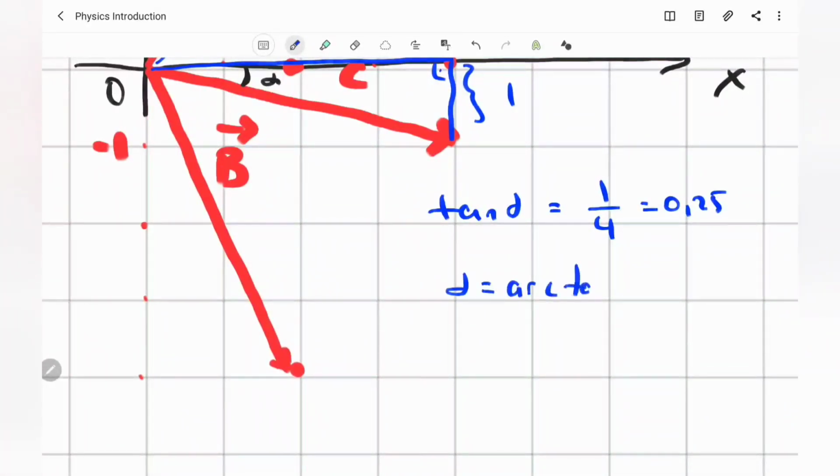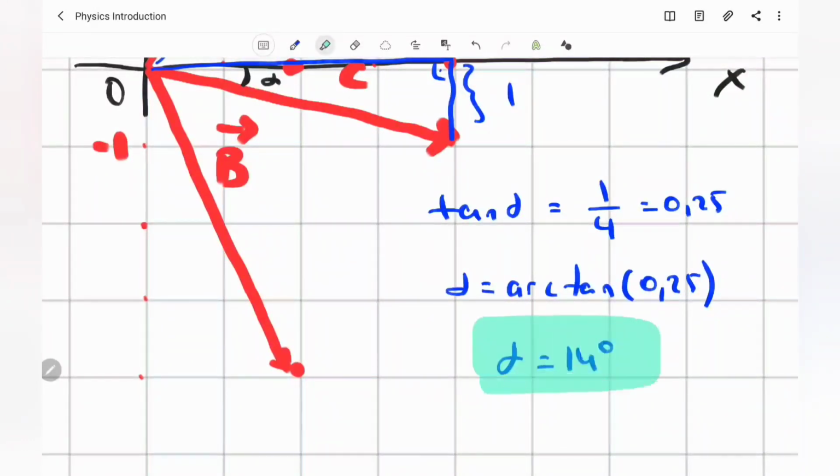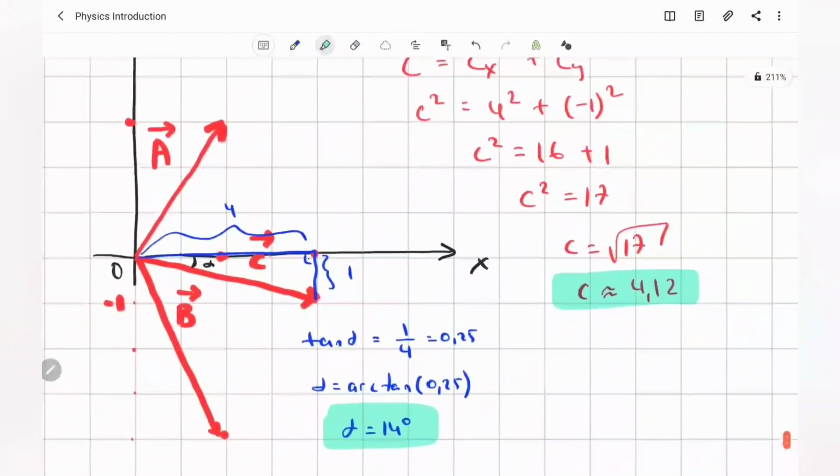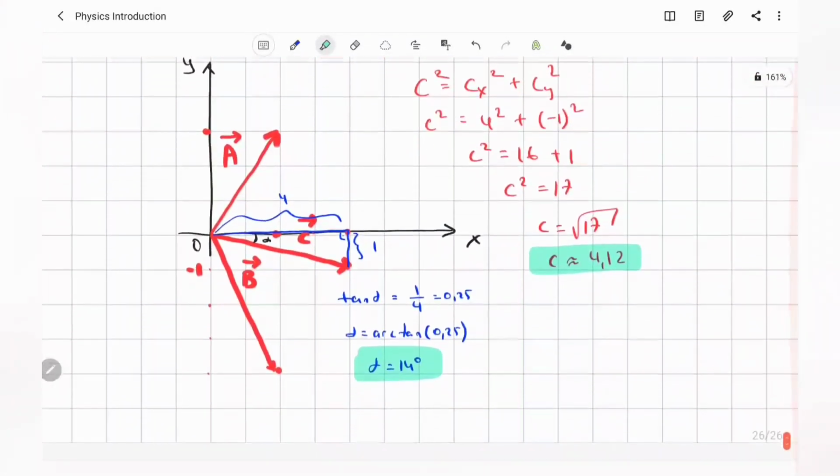Arc tangent 0.25, which corresponds to which angle? Let me check. 14 degrees approximately. So this is the direction.